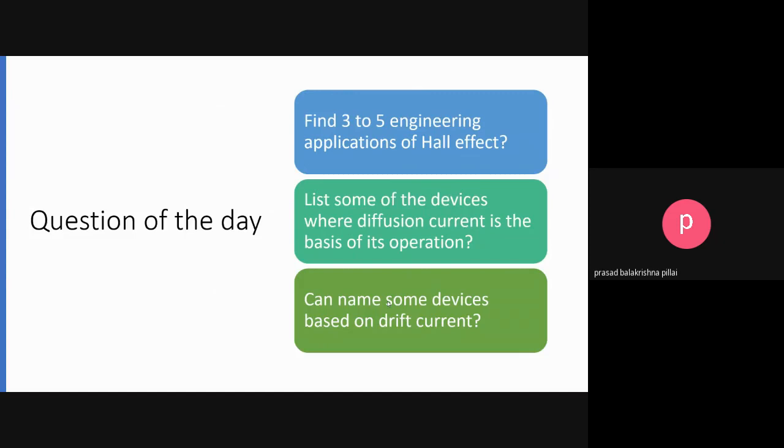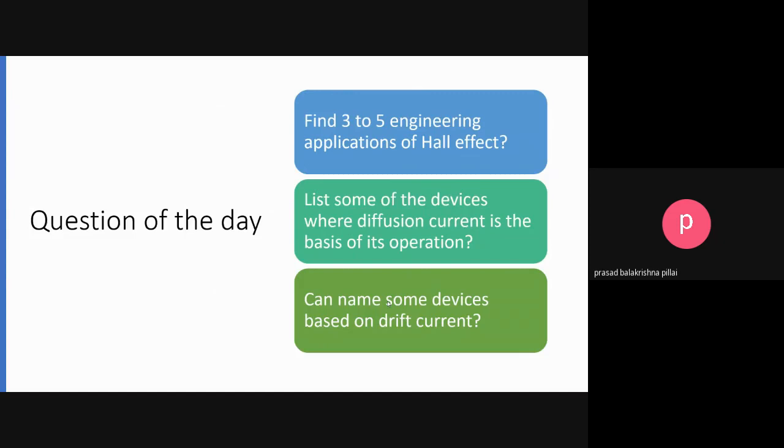Very often, most of you are using a flip phone. When you put the cover on, the display automatically goes off. So you will see that there the Hall effect is used. You can see various everyday applications of the Hall effect. So you have to list at least 3 to 5 different applications of the Hall effect from everyday life.